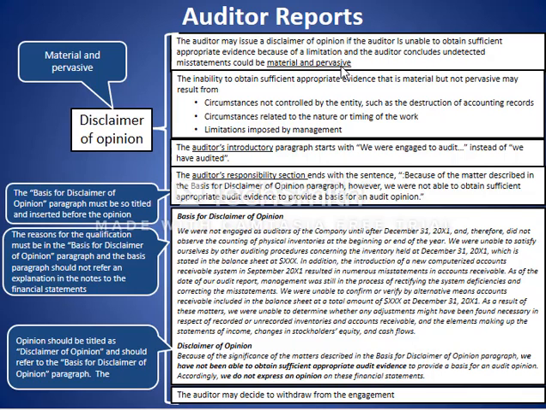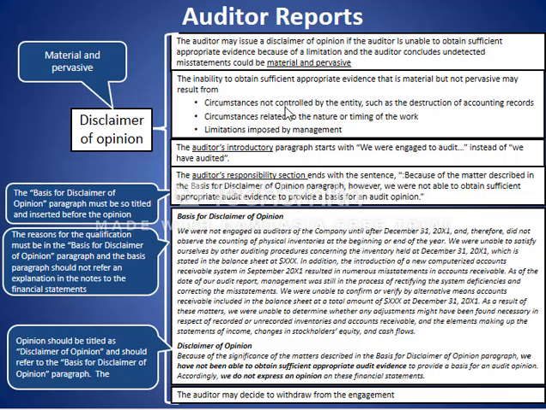I've listed three circumstances where this can occur, though it's not limited to these.